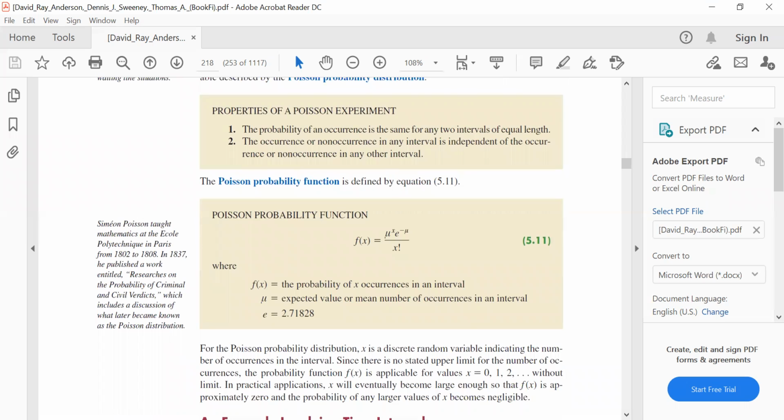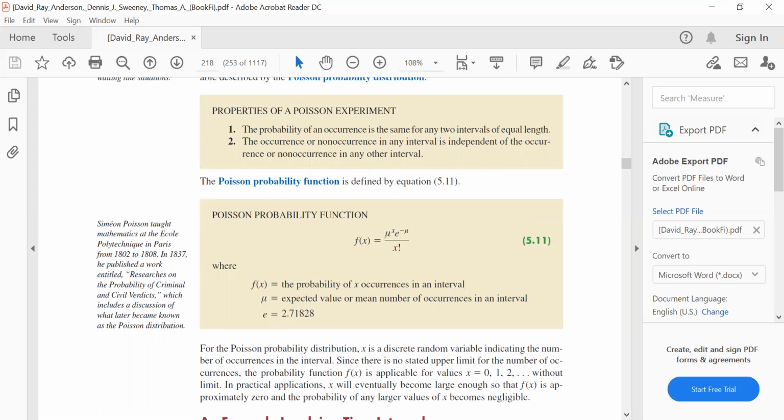The Poisson probability function is defined, that is, f of x equal to mu power x e power minus mu divided by x factorial, where f of x is the probability of x occurrences in an interval.